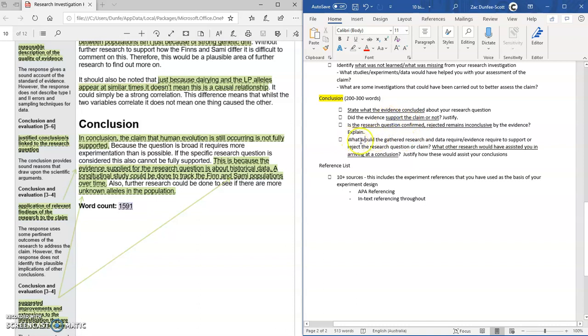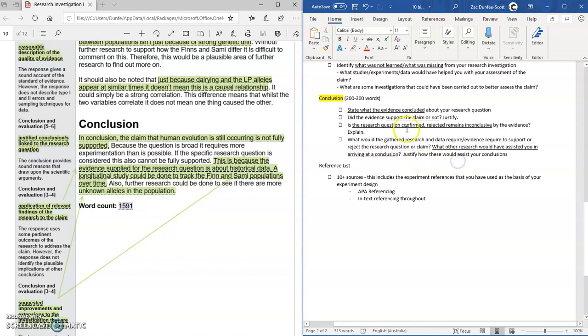What you're going to go on and say is, what would the gathered research and data require to support or reject the research question or claim? Essentially, what other research would have assisted you in arriving at a conclusion?